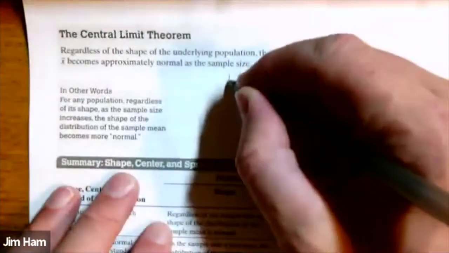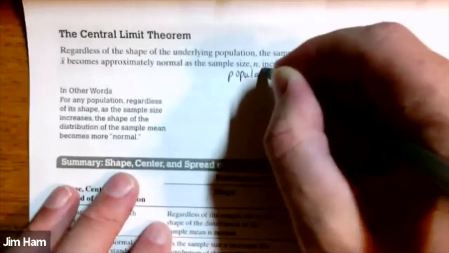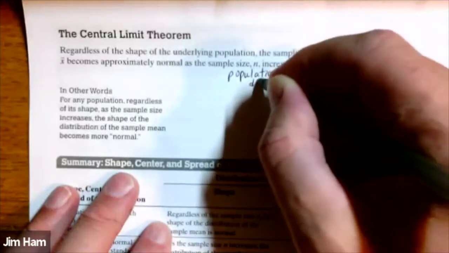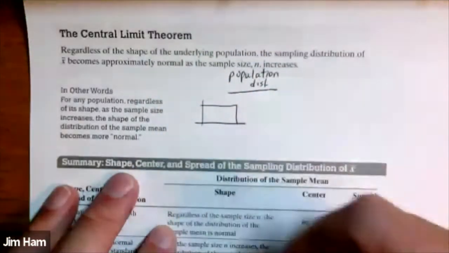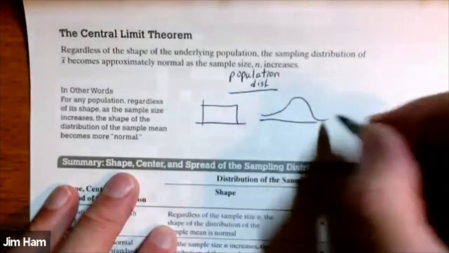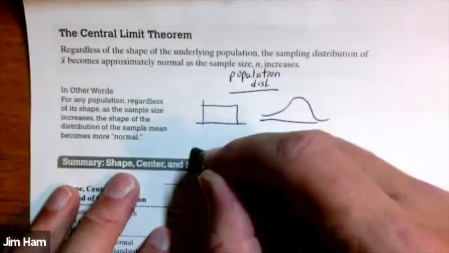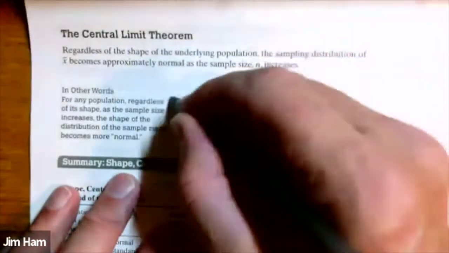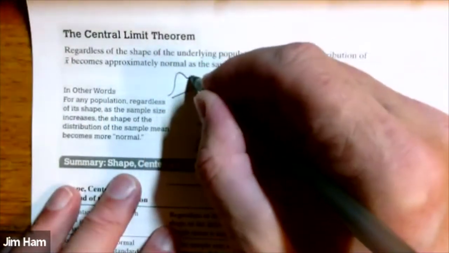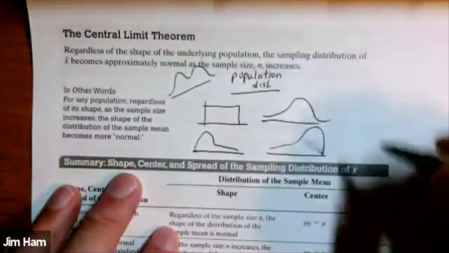So what they're saying is that if the population distribution looks like this, uniform, looks like this, bell-shaped, looks like this, skewed one way, skewed the other way, it really doesn't matter what the population distribution looks like.